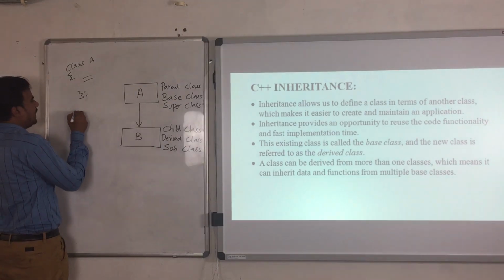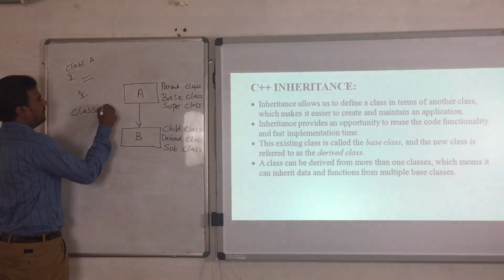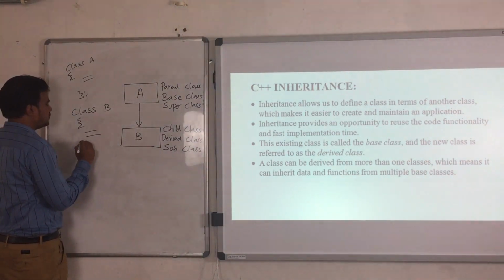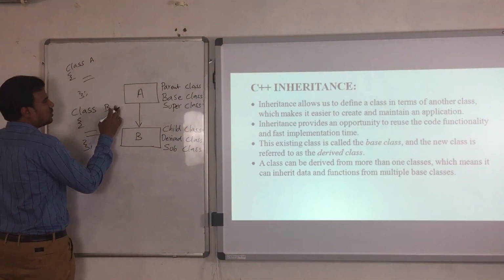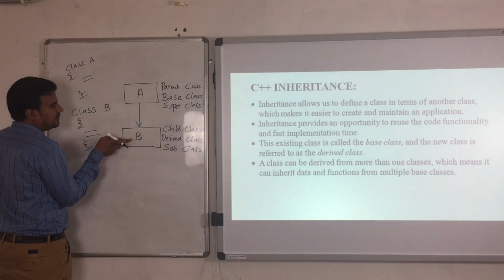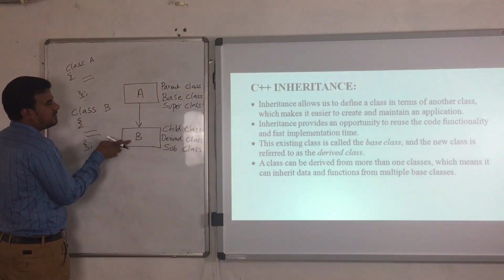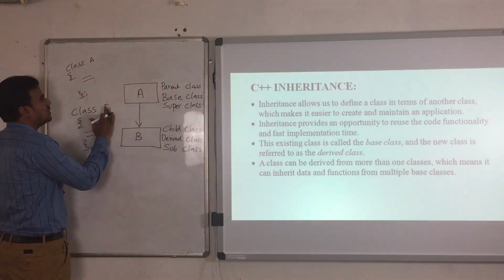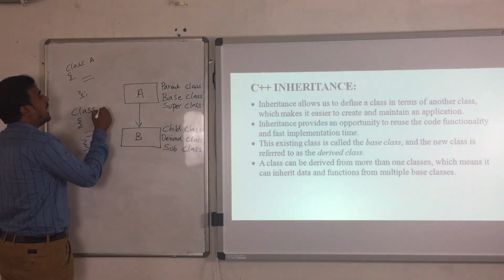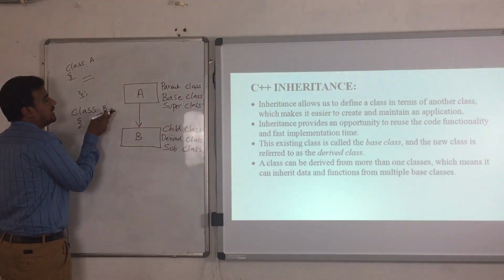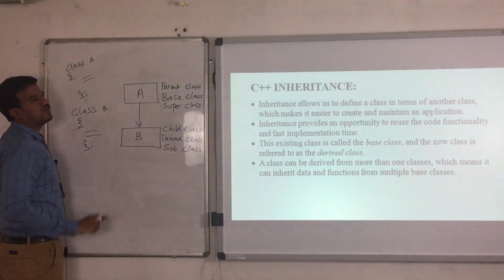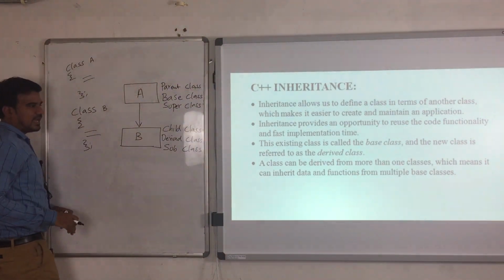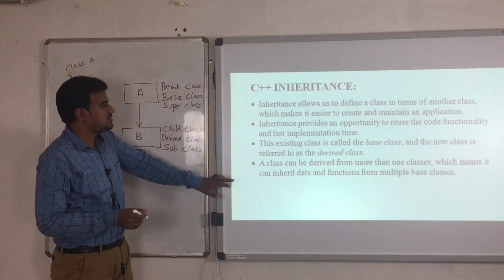Next we define class B and in it we write the definition associated with B class. As I said, we are deriving this B class from A class. So what I have to do over here is use the derivation operator followed by the parent class name. That syntax we will see in our next slide.